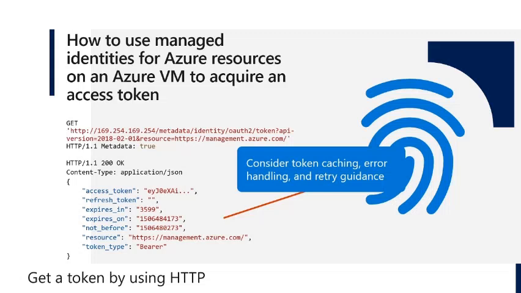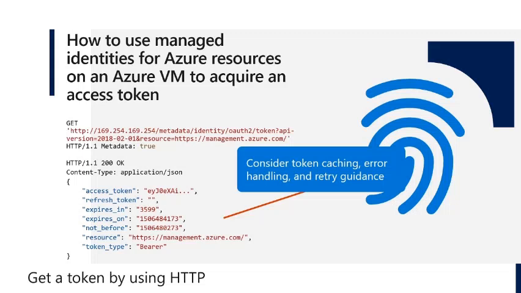While the managed identities for Azure resources subsystem is being used by managed identities, it does cache tokens. It is also recommended to implement token caching in your code. As a result, you should prepare for scenarios where the resource indicates that the token is expired.